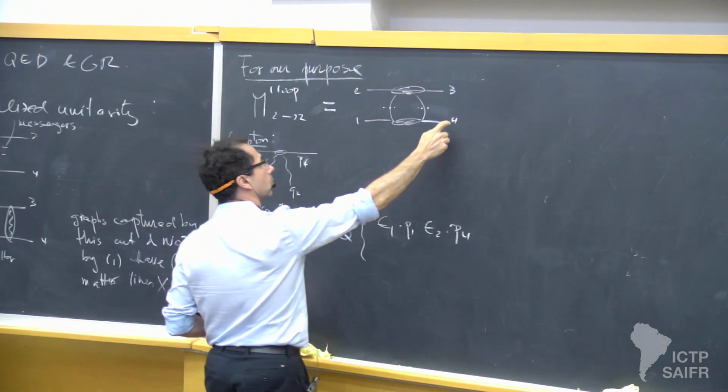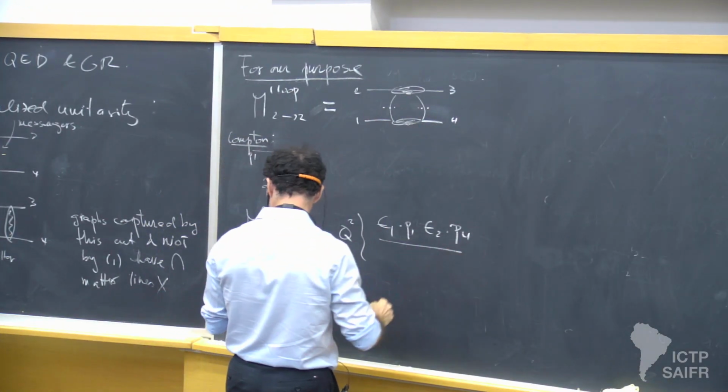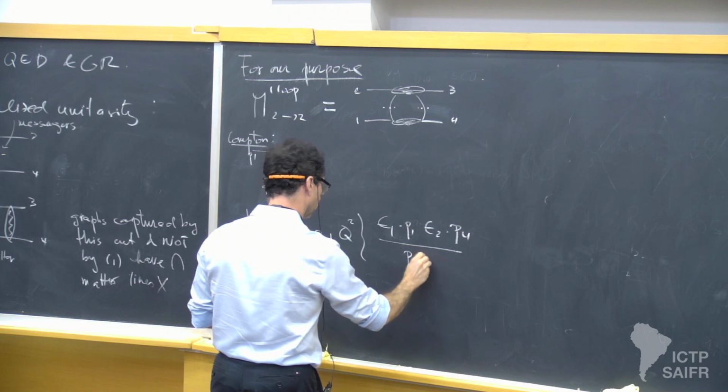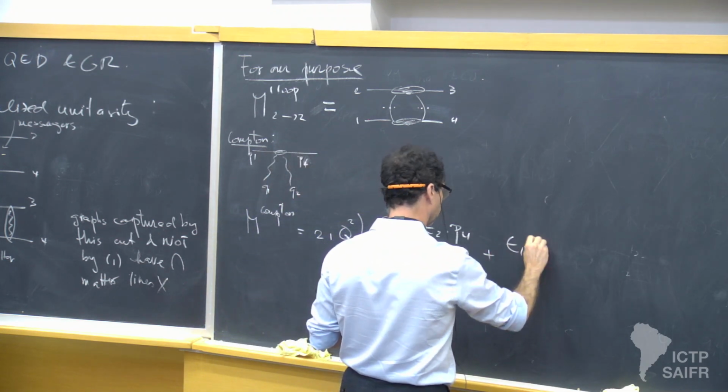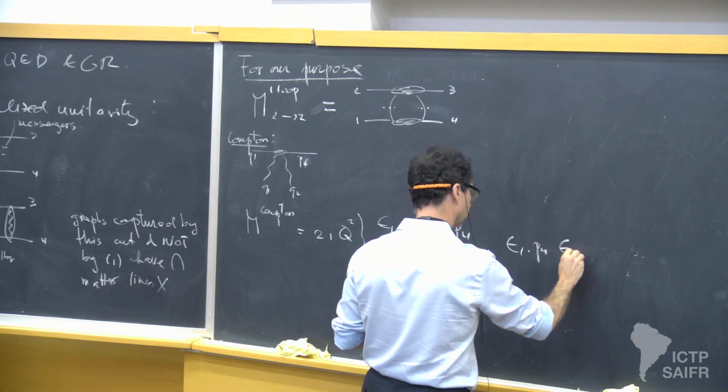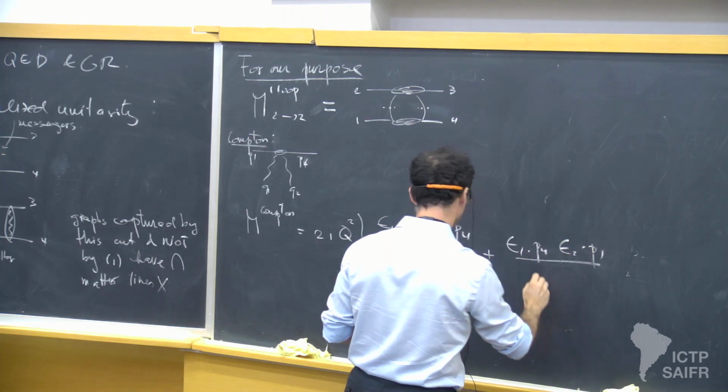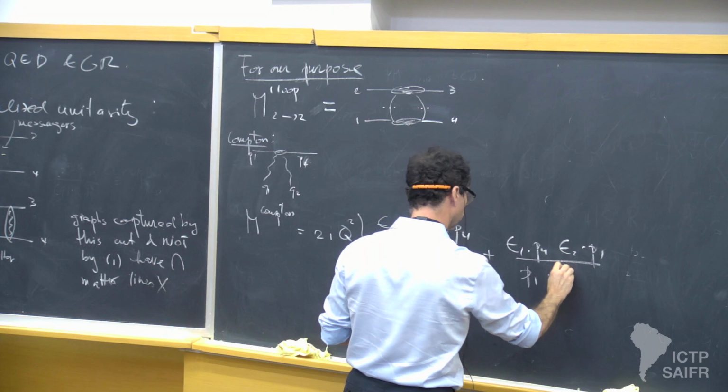Why am I calling it 4? Because there's a 4 out there. Divided by P1.Q1 plus epsilon 1.P4 epsilon 2.P1 divided by P1.Q2.